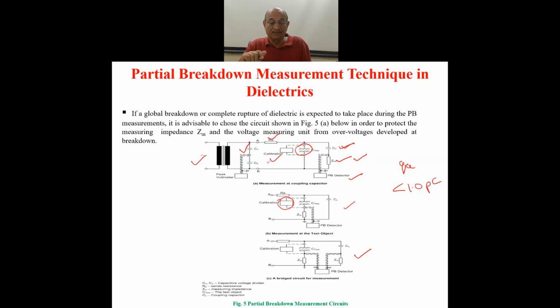So you must terminate the far end of the circuit with the help of a coupling capacitor. As I mentioned, in our laboratory it is a 1.1 nanofarad coupling capacitor. So that is also a requirement for the partial breakdown measurement circuitry.